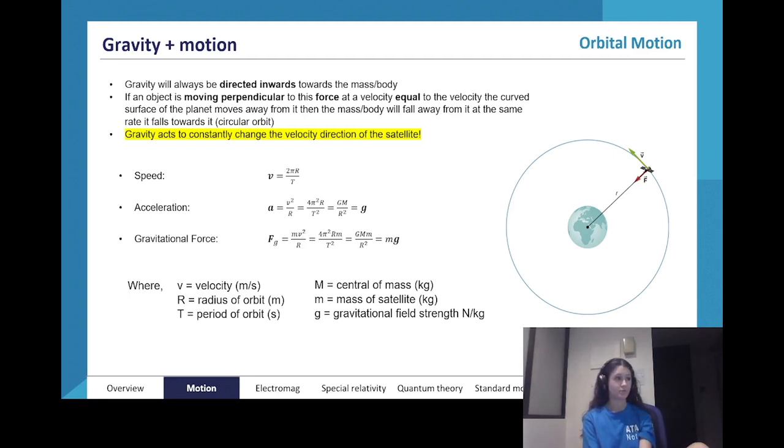If an object is moving perpendicular to this force at a velocity equal to the velocity the curved surface of the planet moves away from it, then the mass will fall away from it at the exact same rate as it falls towards it. So what this tells us is that gravity acts constantly to change the velocity direction of the satellite.